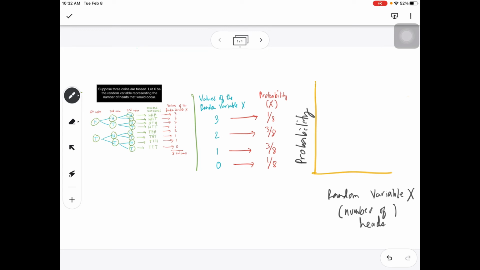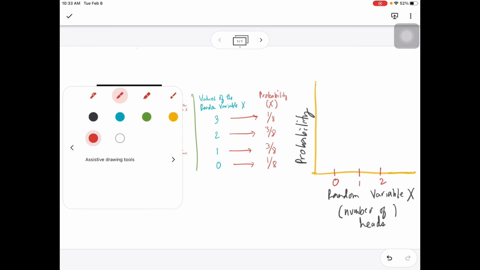Then let's list down the values. We have here 0. We shall not start at the origin, the intersection between our x and y axis, because the 0 has a corresponding probability. So this is 0, 1, 2, and 3.